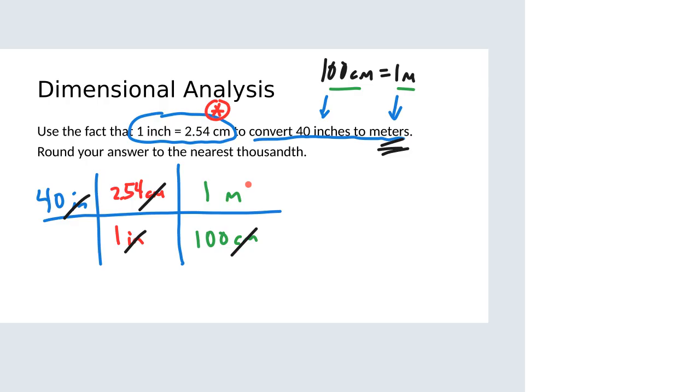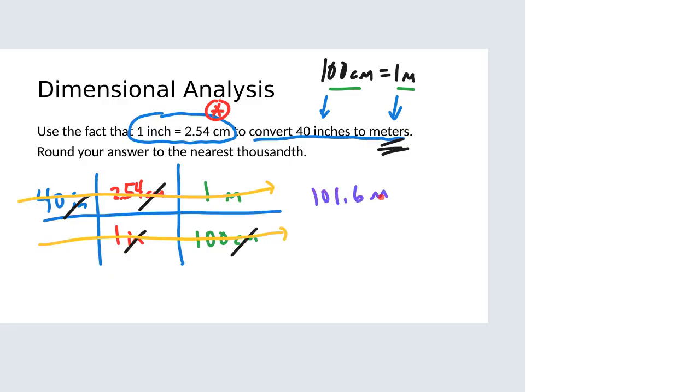That's it. I went from inches to centimeters, now to meters. Now I don't need to do any more unit conversions. I don't need any more unit fractions. I'm going to multiply everything I have left on the top, multiply everything I have left on the bottom. When I multiply on the top, I have 40 times 2.54 times 1, and I get 101.6.